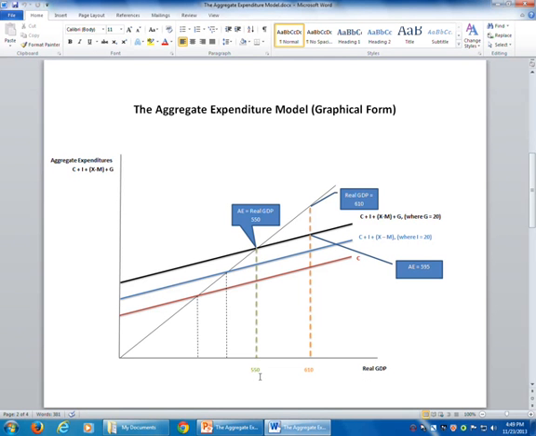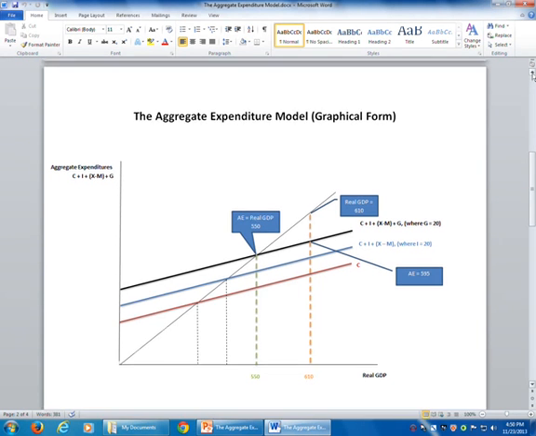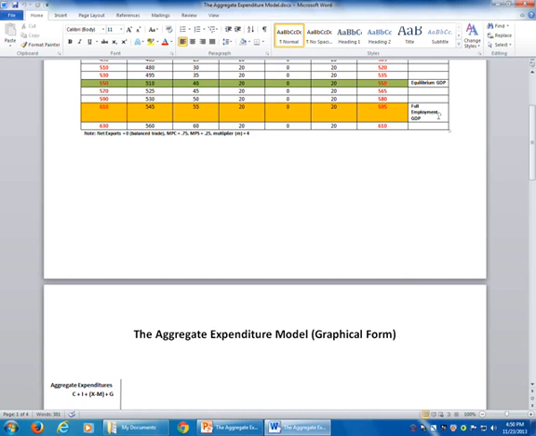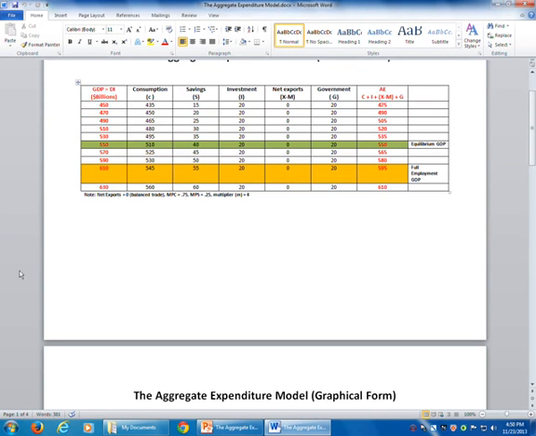Now, if we go over to how we define full employment, where the income was 610 billion, we can go back to the previous table to check that out. So our definition of full employment was where the income was 610 billion. So the income, or DI, was 610 billion.